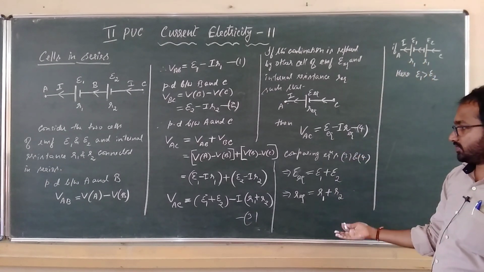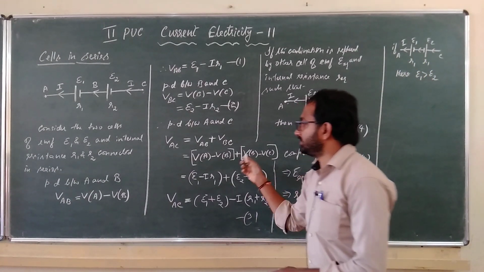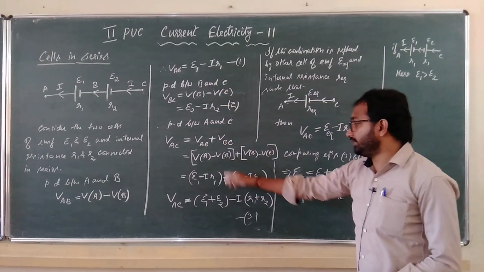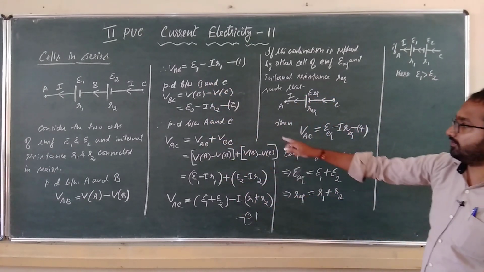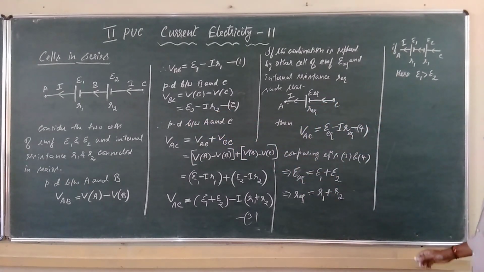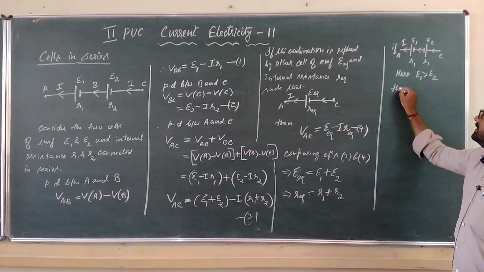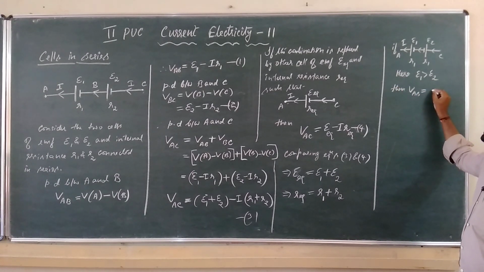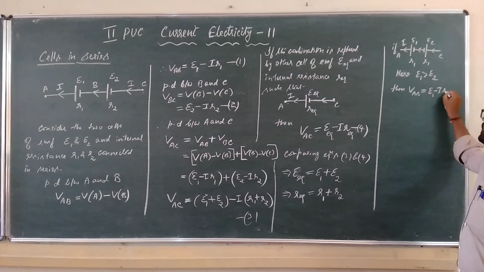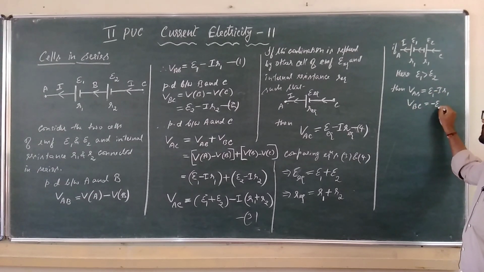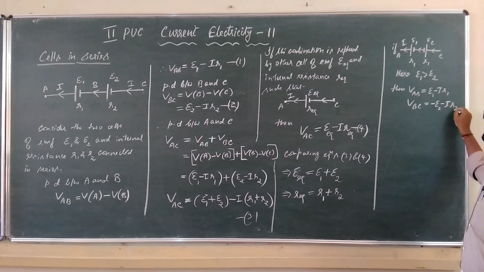Then what happens to this particular expression? VAB remains the same, E1 minus IR1. What about VBC? VBC becomes minus E2 minus IR2. Then VAB is equal to E1 minus IR1, but VBC is equal to minus E2 minus IR2.